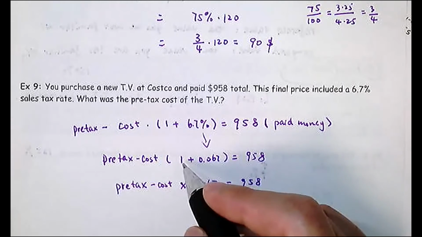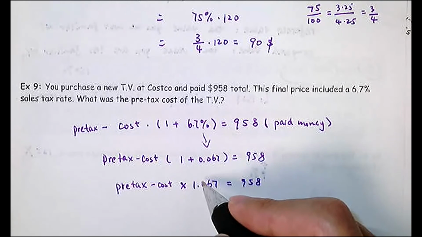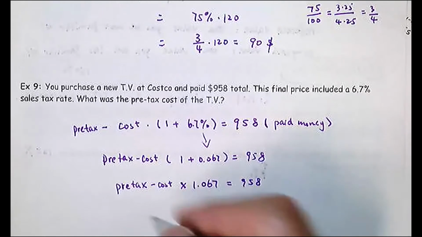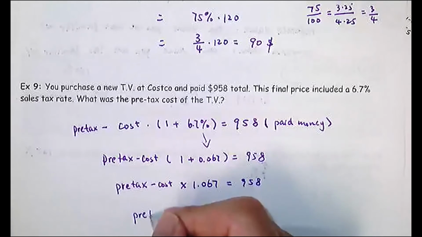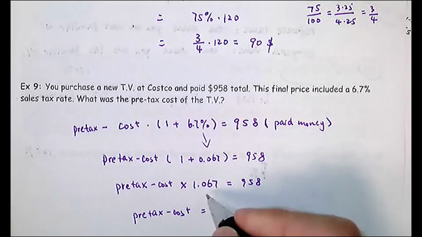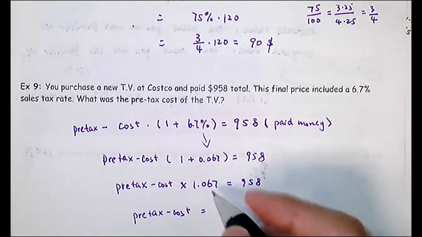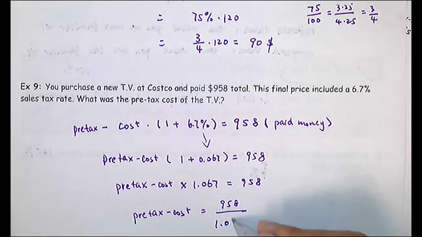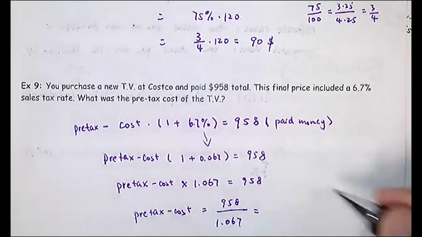Anyone has any question how I get from here to here? I just added the two numbers. Then you divide both sides by this number, 1.067. Okay.